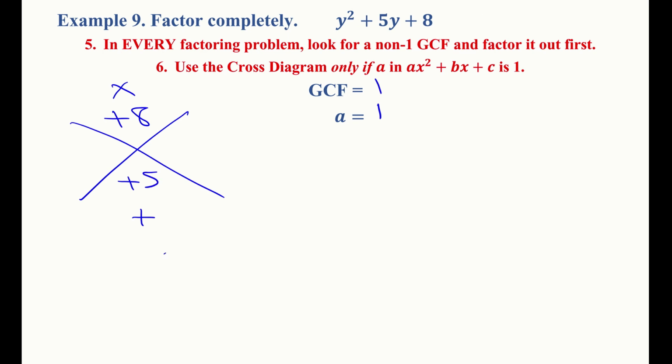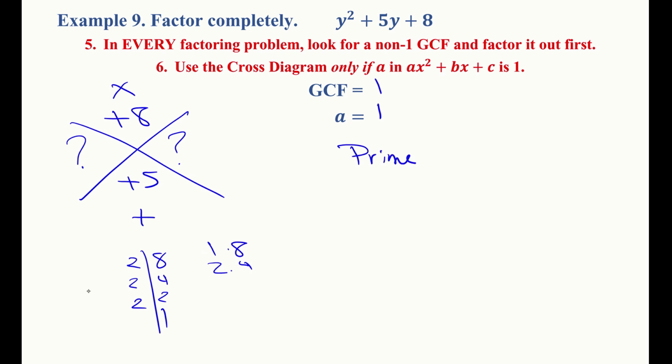Looking at the factors of 8 doesn't look too promising, because we have 2 times 4 or 1 times 8, and neither one of those is going to give us positive 5 when combining them, right? So this is another situation where you're not going to find nice integers taking care of that.